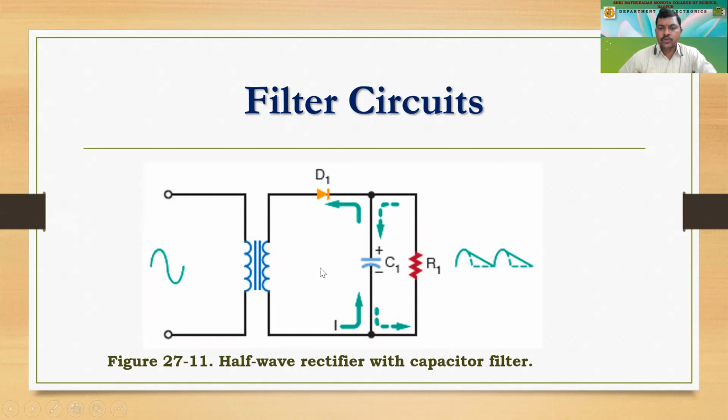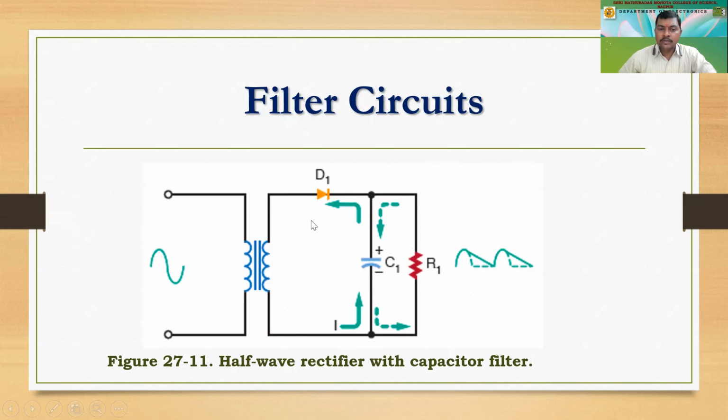Now, how is it going to work? So during the positive half cycle, we are going to get the positive half, and during this positive half cycle, the capacitor is supposed to charge, right? So as soon as it gets charged, the positive half is supposed to come across this output or the load resistance RL.